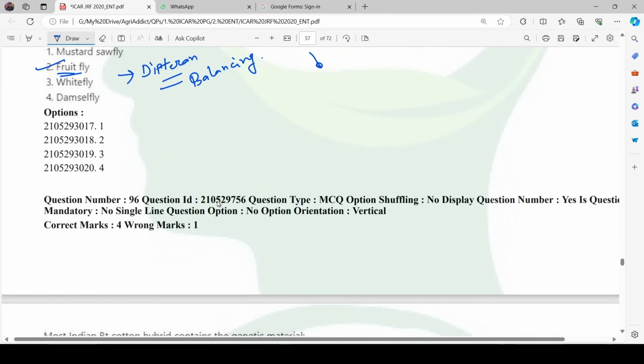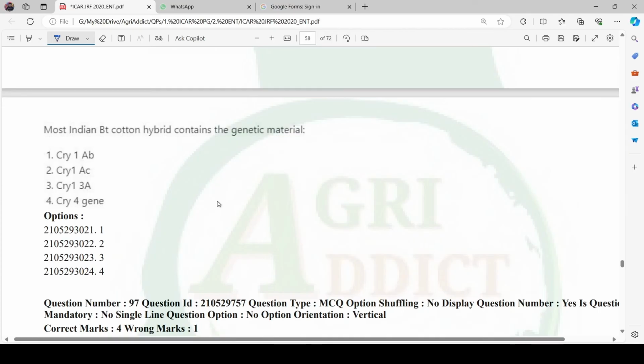The next question: most Indian Bt cotton hybrids contain the genetic material that is Cry1Ac. Okay, so I will classify the Bollgard cotton varieties: Bollgard 1, Bollgard 2 and Bollgard 3. In Bollgard 1 it is the Cry1Ac gene.